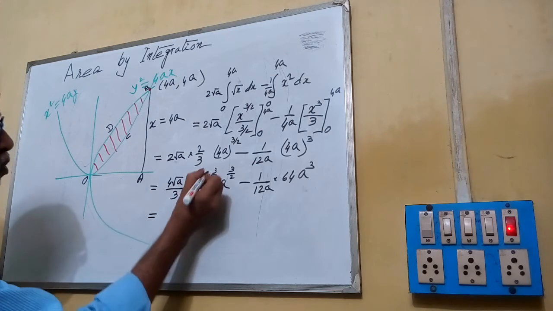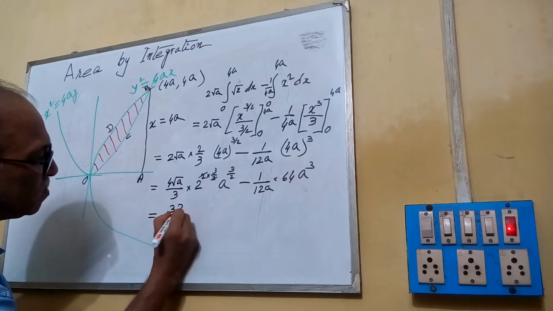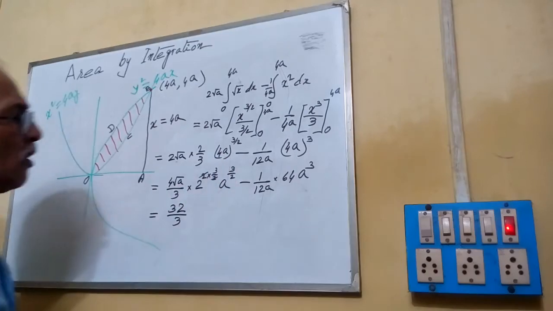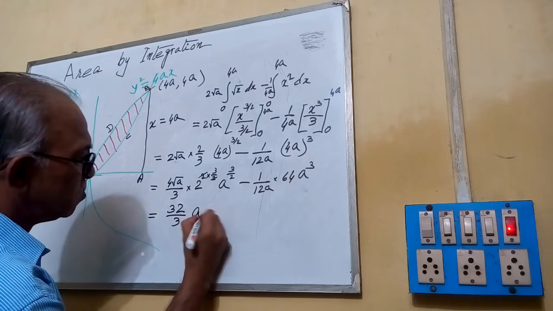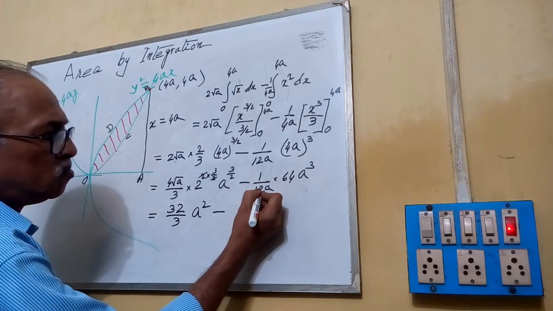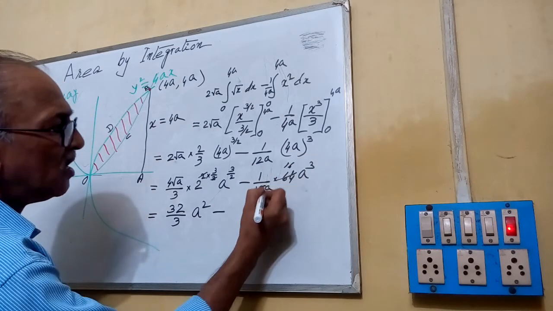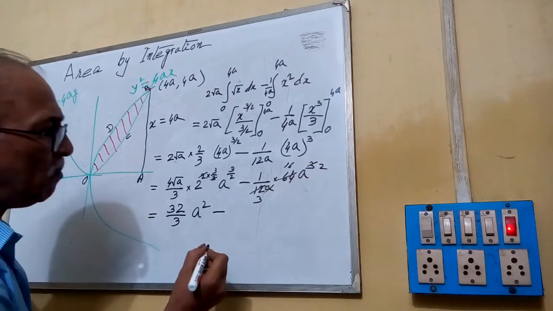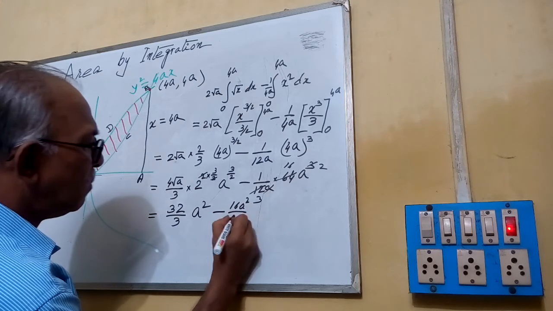2 cube is 8. 8 fours are 32 by 3, a to the power half into a to the power 3 by 2, that is a square, minus, if we cancel here, 4 sixteen, 4 threes, 16 a square by 3.